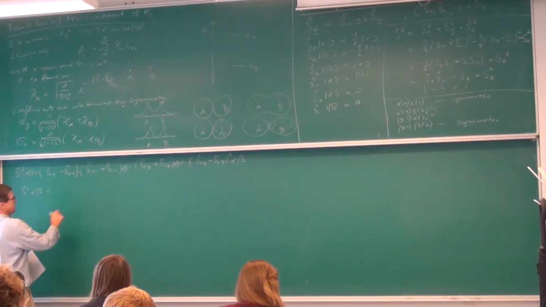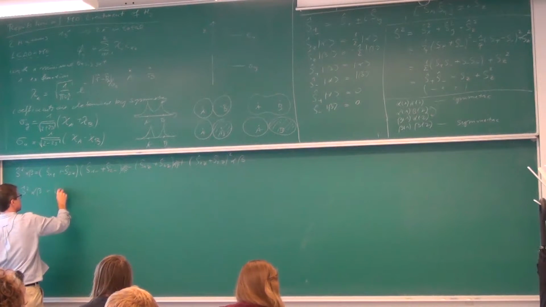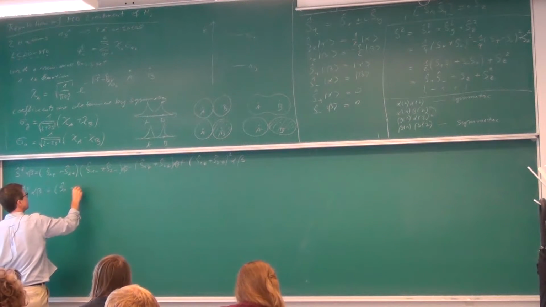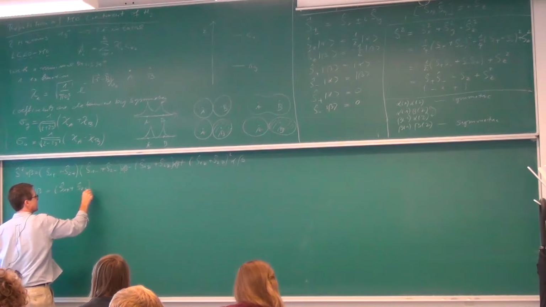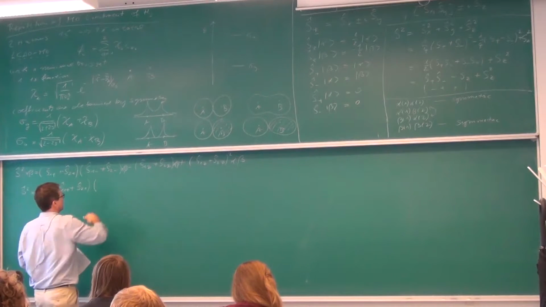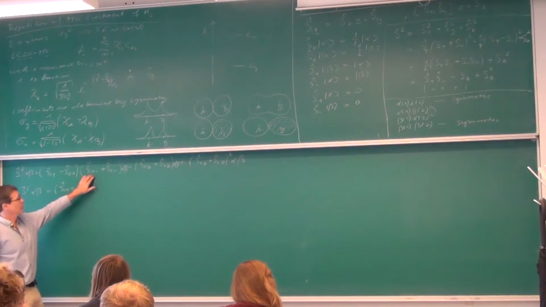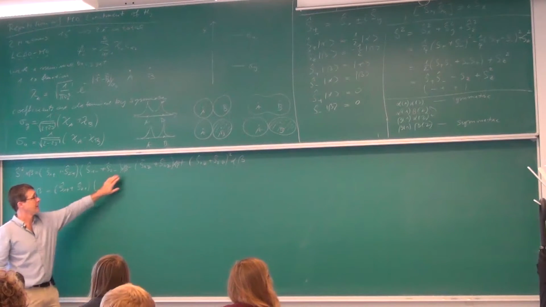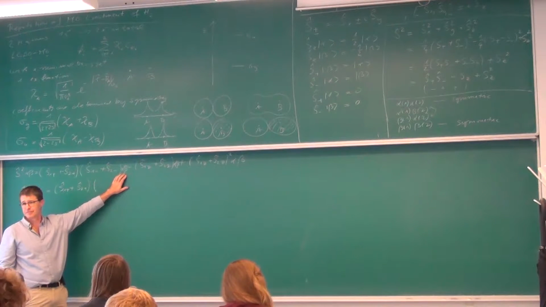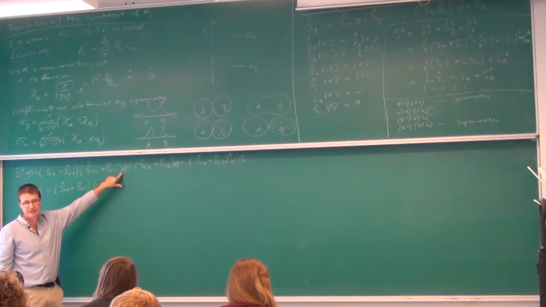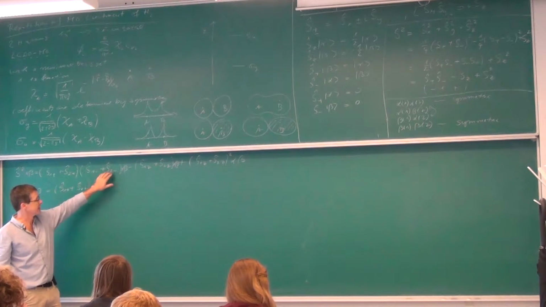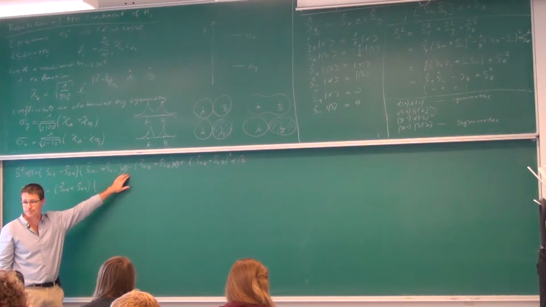So let's apply this parenthesis first. I just copy the first one, S1 plus S2 plus, times S1 minus plus S2 minus on this one. This is a linear operator, so I let first this one act on that, and get one term, and then I let this one act on that and get one term.